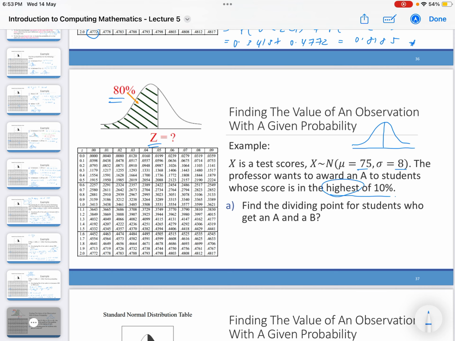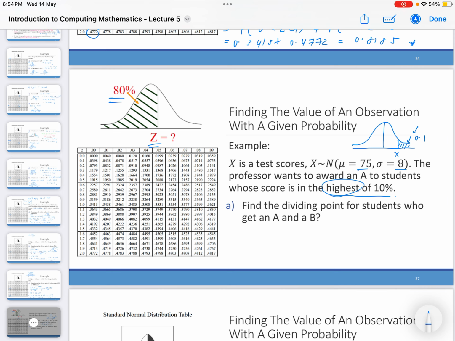The highest 10% means the top 10%, which will be on the right side here. Let's say we put this one as X. So the highest 10% will be greater than X, and the probability over here is 0.1. So we want to find X such that the probability of greater than X equals 0.1.